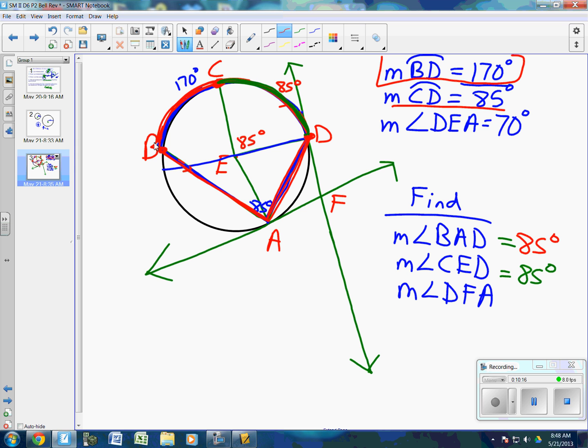For those of you who are not seeing it, I gave you that angle DEA is 70 degrees. That's this angle right here. DEA is 70 degrees. And I should have told you that line AF, this line right here, is a tangent line, and line DF is a tangent line. Therefore, it makes a circumscribed angle out here.